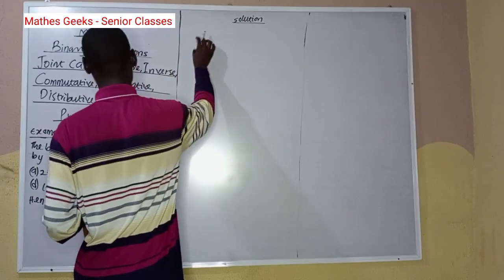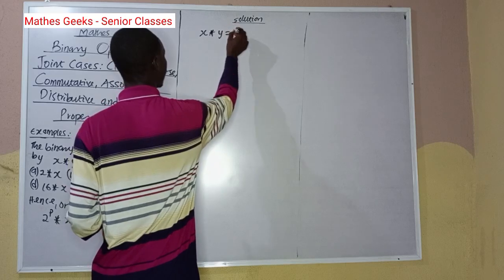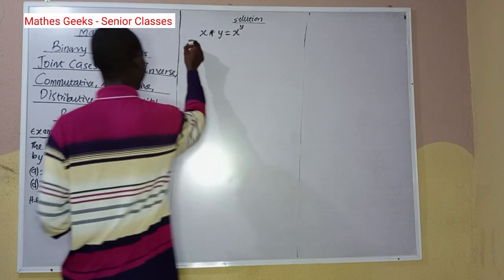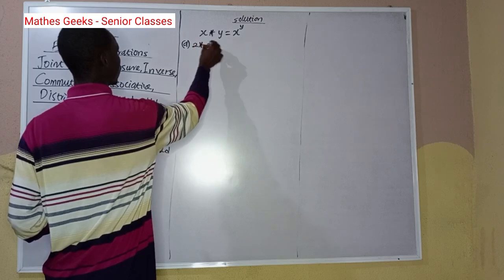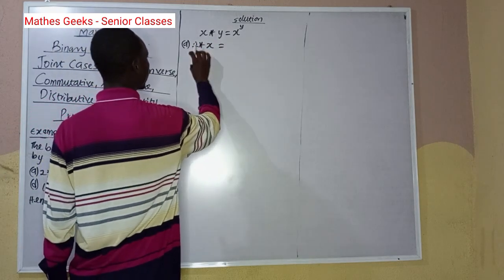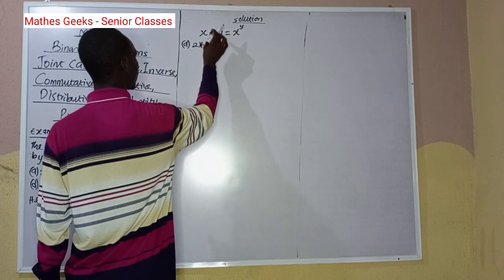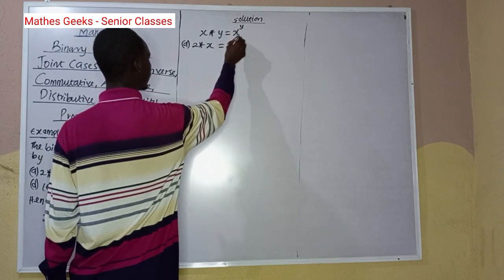So let's write down our operation: x operation y is equal to x raised to y. So 2 operation x is equal to, where x is 2 and y is x, 2 raised to x.